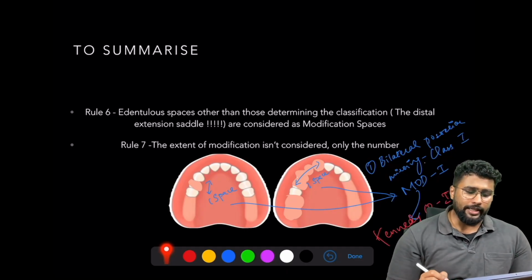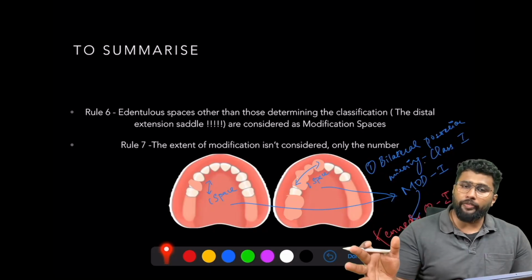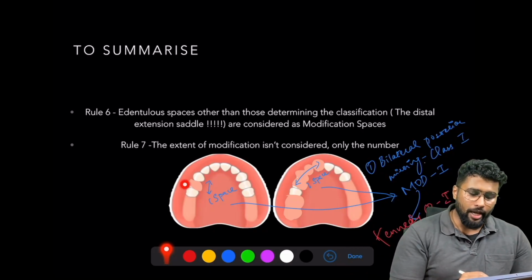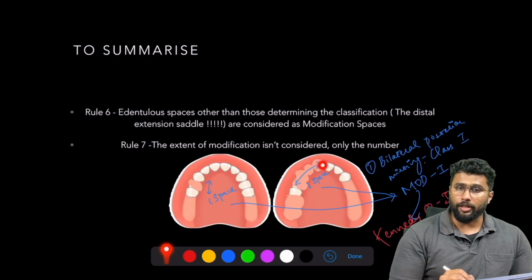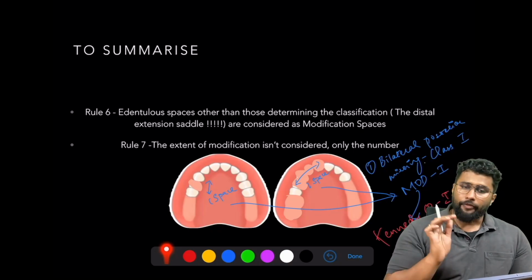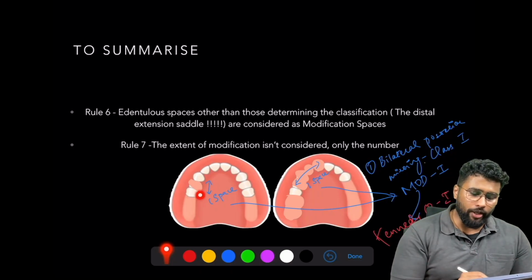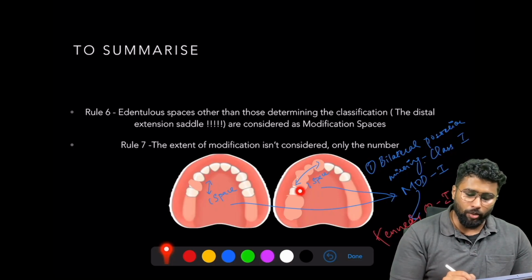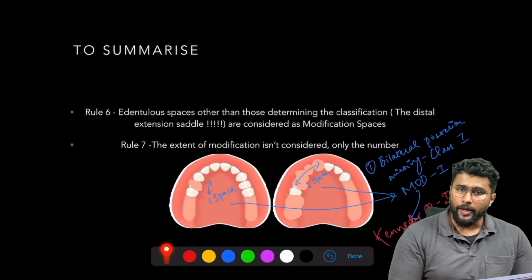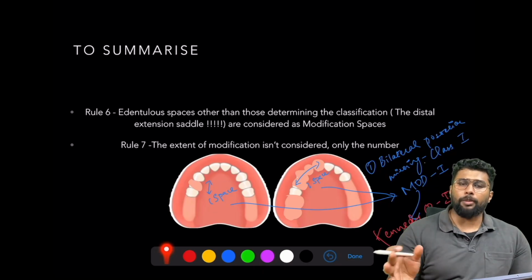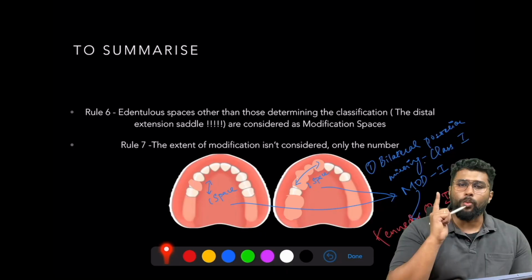Now rule 7 says the extent of the modification is not considered. Say for example, if you take these cases, I have 1 tooth missing here, whereas I might have 4 teeth missing here. It doesn't matter. For me to replace it as a unit, I have 1 tooth to hold here and 1 tooth to hold here. Same way here, and here I have an anterior abutment as well. In effect, for treatment planning, I can just consider that I am missing 1 space there.